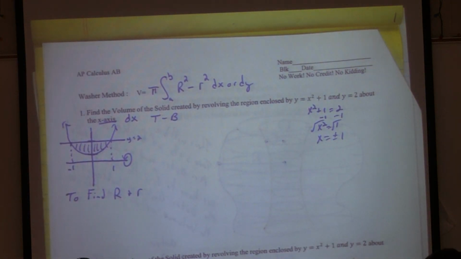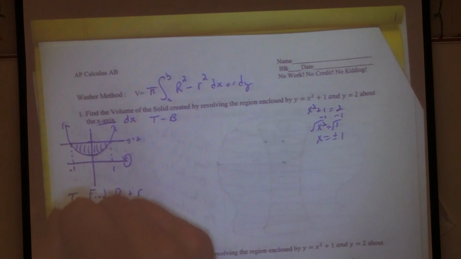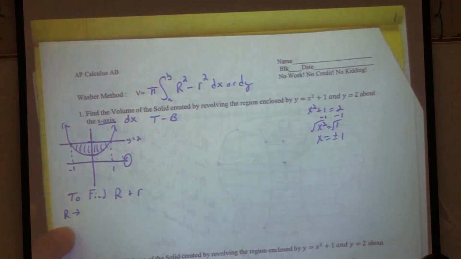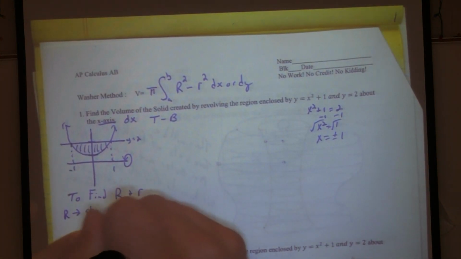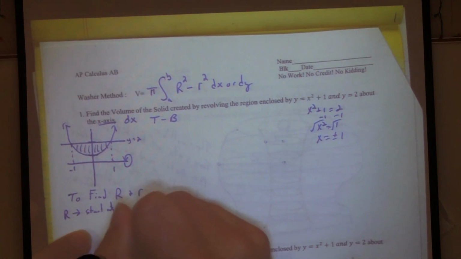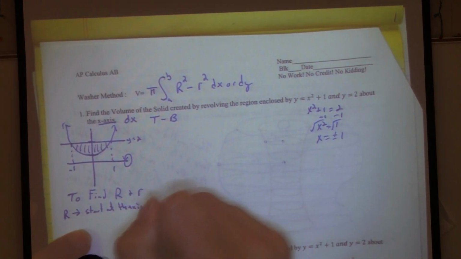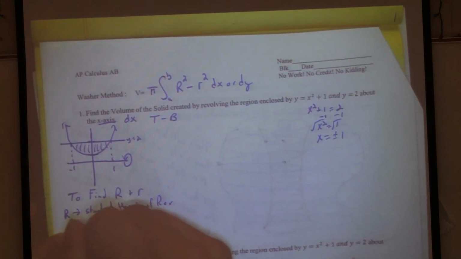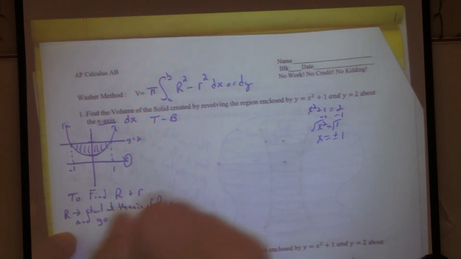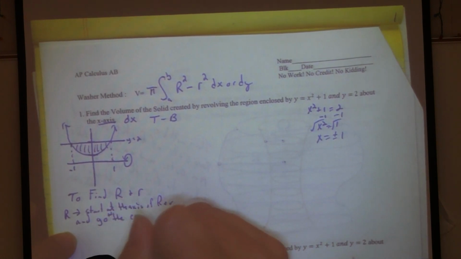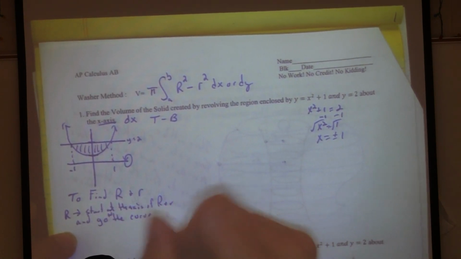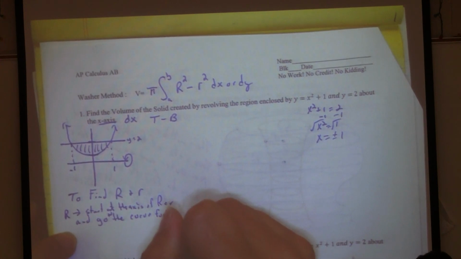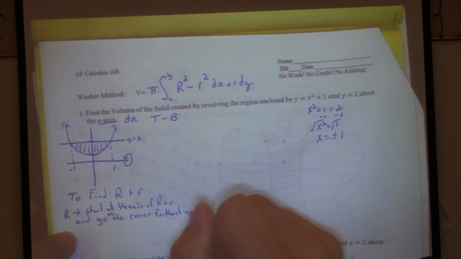Find R and little r. There's a couple of things you got to remember, okay? So to find R, you're going to start at the axis of revolution and go to the curve furthest away.